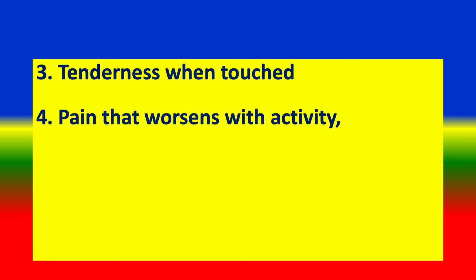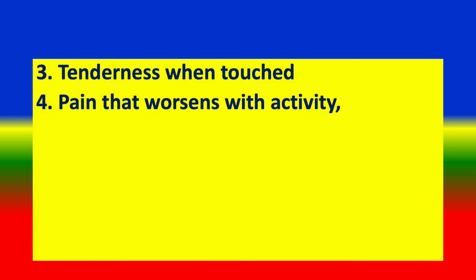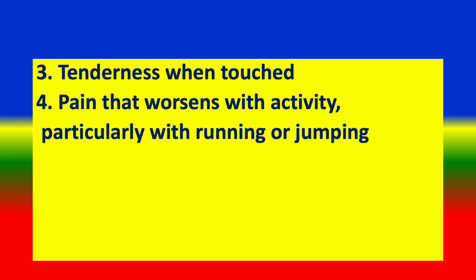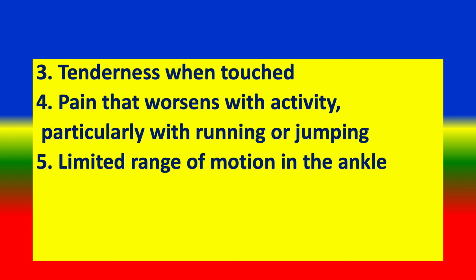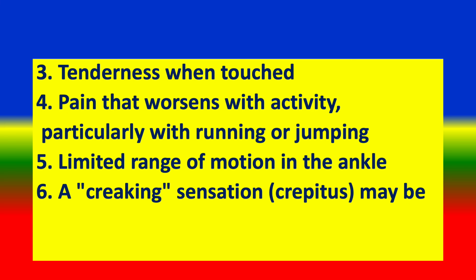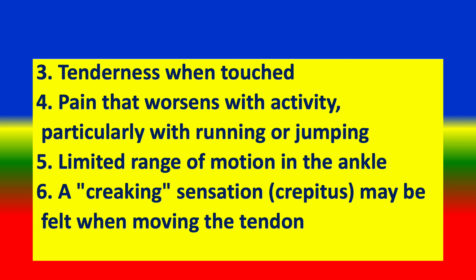Tenderness when touched. 4. Pain that worsens with activity, particularly with running or jumping. 5. Limited range of motion in the ankle. 6. A cracking sensation may be felt when moving the tendon.